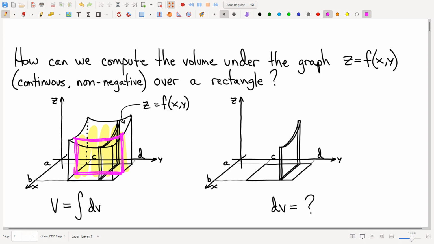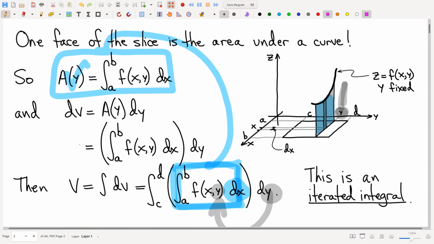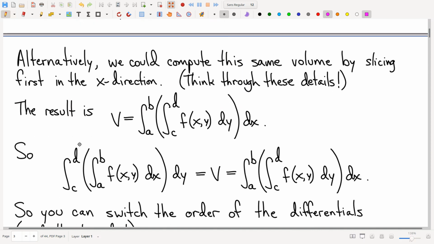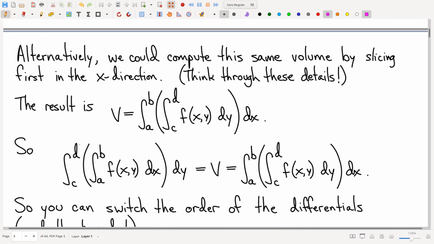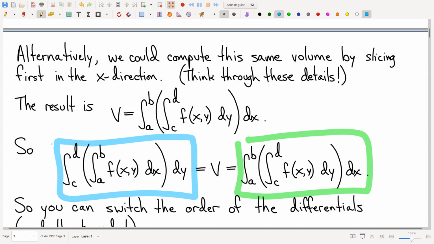Anyway, you put it all together, following exactly analogous to this argument here, and what you will find is that you get this right here. So previously, we walked through and talked about how volume can be computed by that integral on the left.